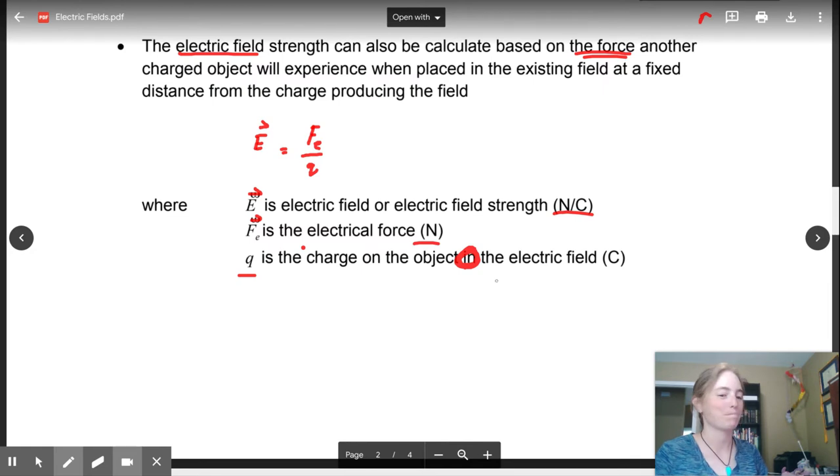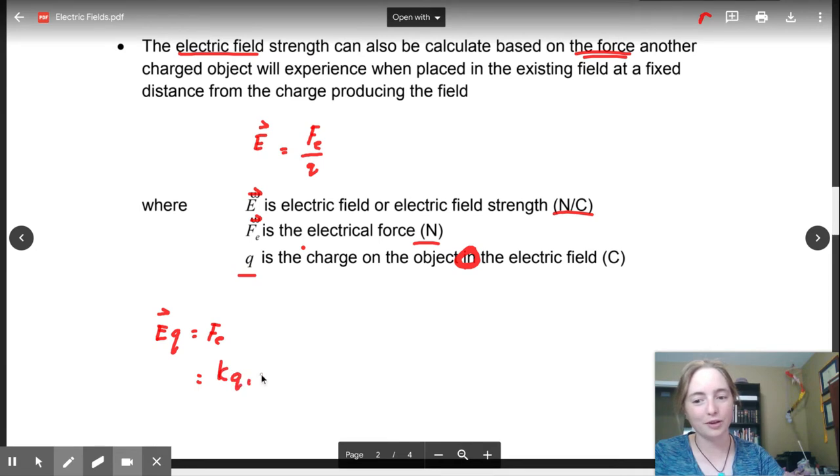I want to show you guys something really cool with this equation. I'm going to rearrange it so that Eq equals Fe. And then what is our other equation for Fe?